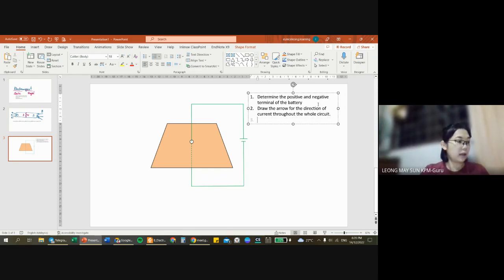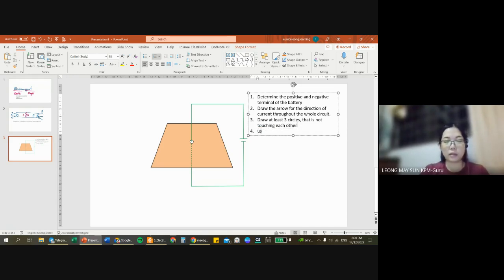Then after that, at the point where we are going to determine the magnetic field, draw at least three circles that are not touching each other.